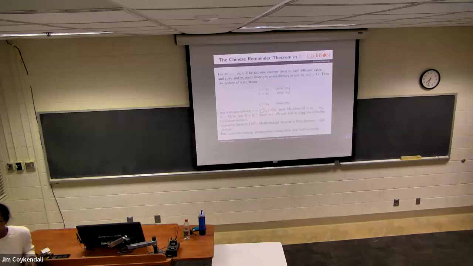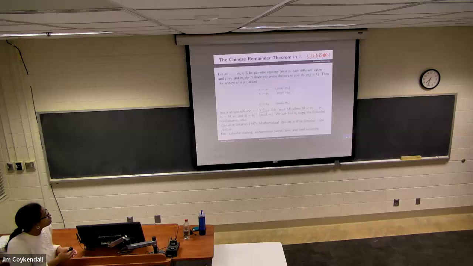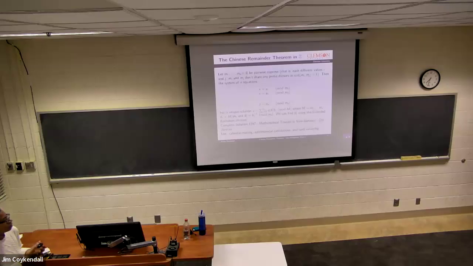That's your unique solution, and then it becomes very mechanical. You can just do it by hand and solve it using the extended Euclidean algorithm. And that complete solution that we have now was published in 1247 in the Mathematical Treatise in Nine Sections.